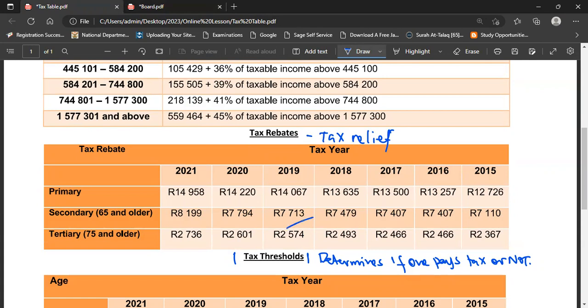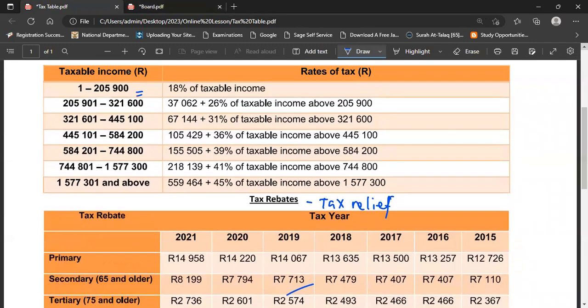When we are calculating threshold, we use it just to determine will the person pay tax or not. Are we there? That is it. So rebates are a relief given by the government to taxpayers, and we subtract it from all the tax that a person has to pay.